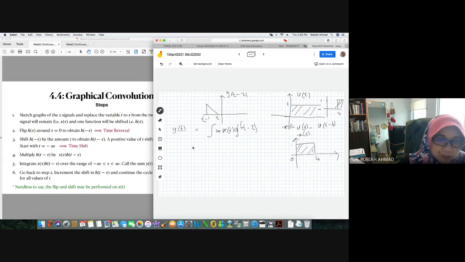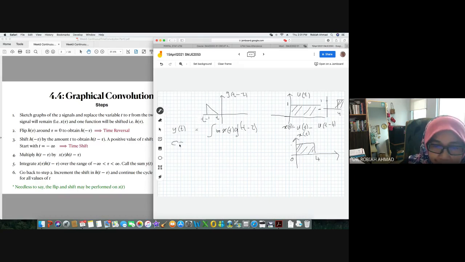Same as before, we will find several cases. The first case is t less than 0, then they are approaching, and then they fully overlap. Since our signal u is a unit function, it does not end at a certain value, but continues to infinity. So let us look at the cases one by one.